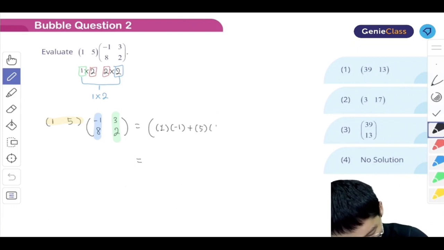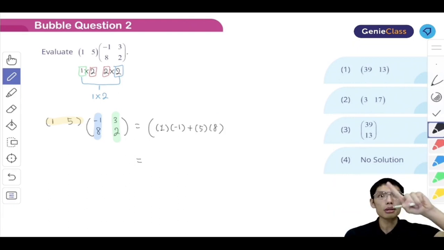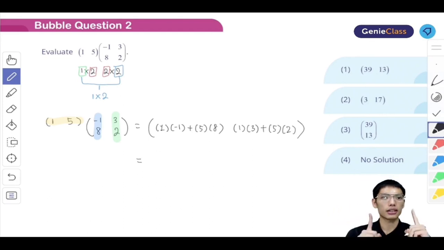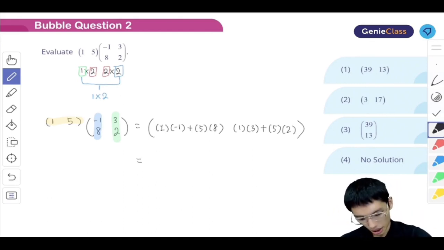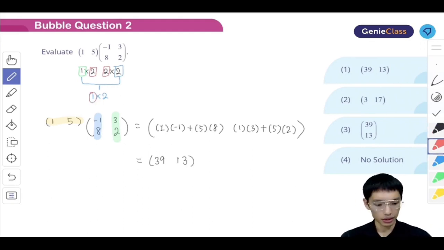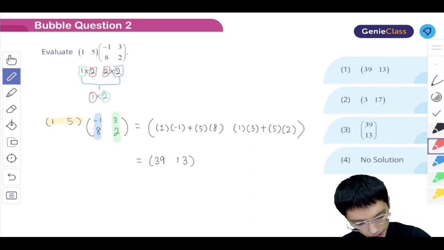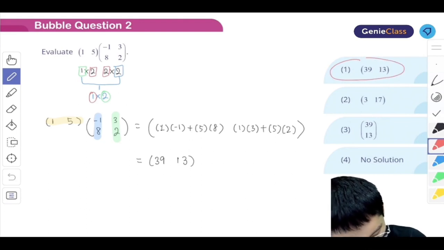First row, first column, and the way we multiply, first row, second column. And we get our answers 39, 13 row-wise, because this means number of rows, this means number of columns, and hence our answer is this side over here.